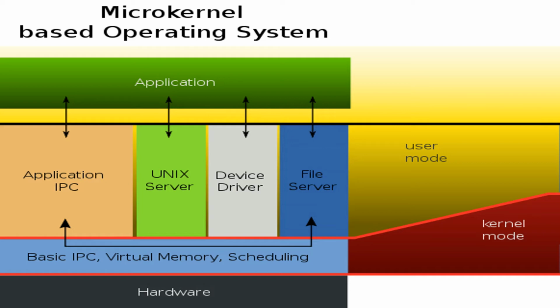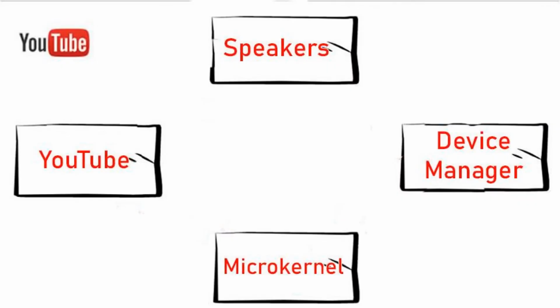Each of these separate servers run in distinct address spaces. Since the servers are in such close proximity to each other, there exists a strong protection between them. And the operating system protection-oriented system provides a means to distinguish between authorized and unauthorized usage. Now that we know how a microkernel is originated, let's find out how it works.